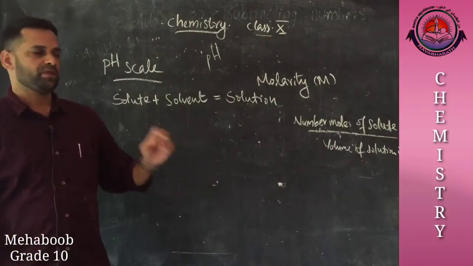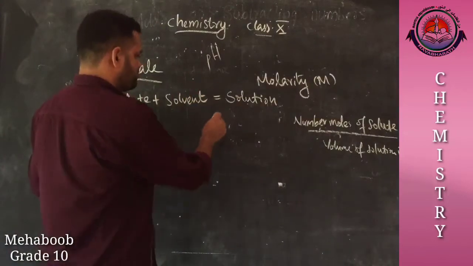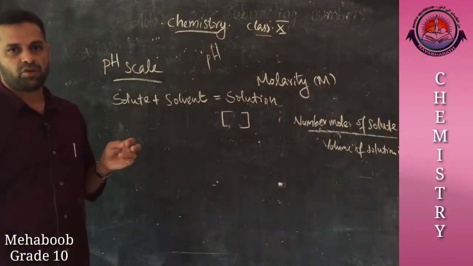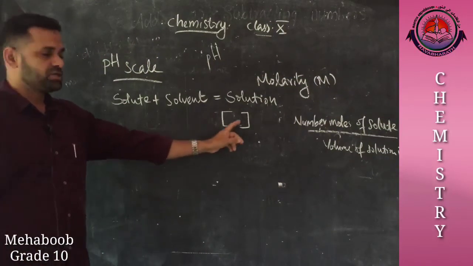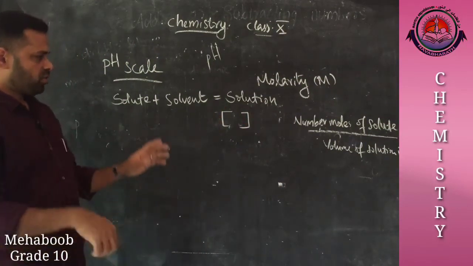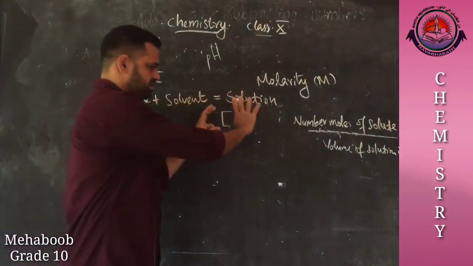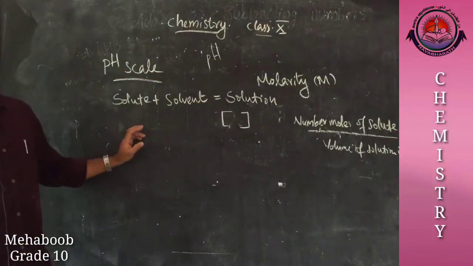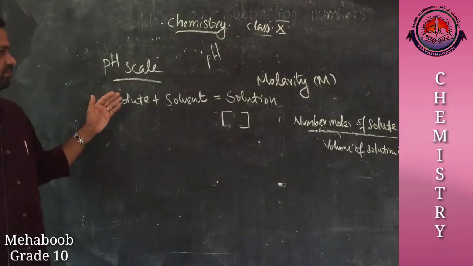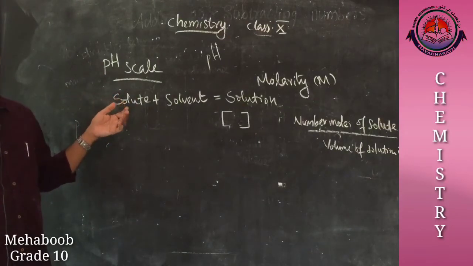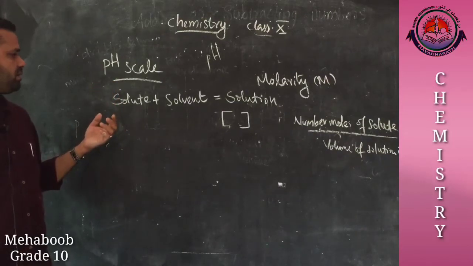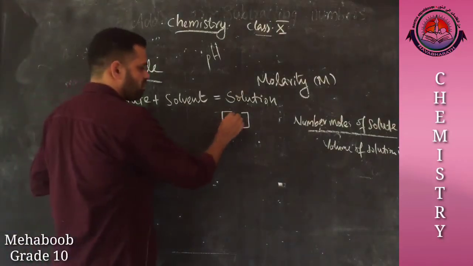The concentration of a solution is represented in square brackets. In the case of acids or bases, we can represent the strength of an acid by the H plus ion concentration.